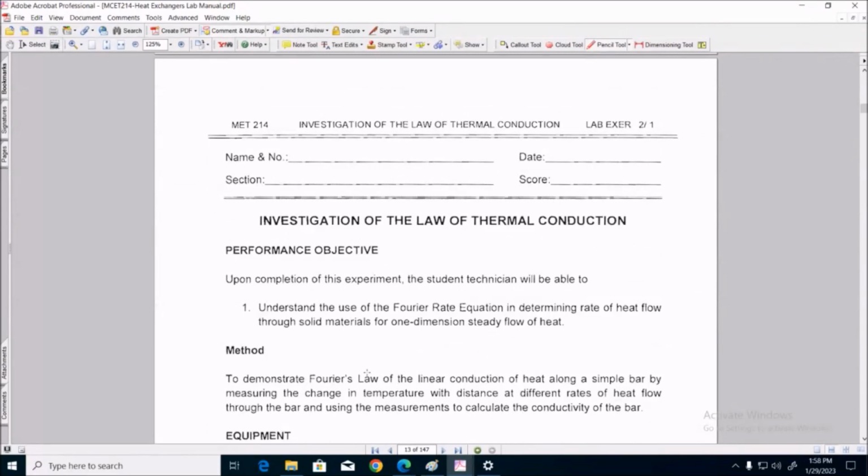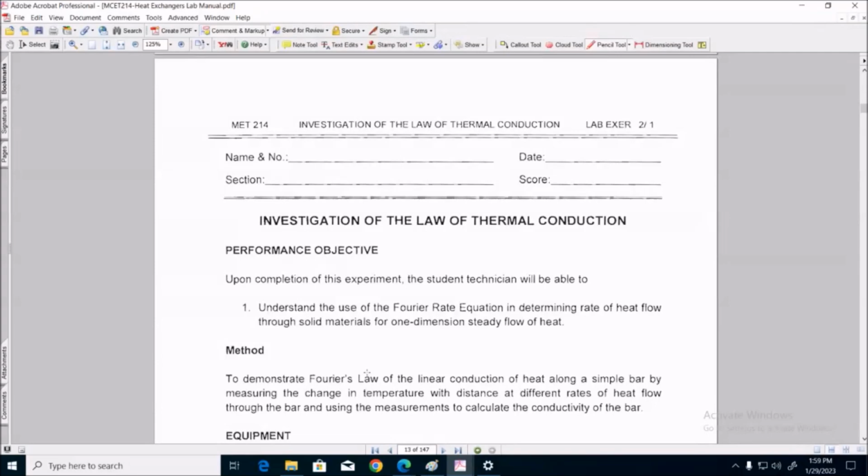Convection is heat transfer from one point to another through a medium, maybe a liquid or fluid like gases, air or water. Radiation is heat transfer from an object to any place, anywhere, by electromagnetic waves.